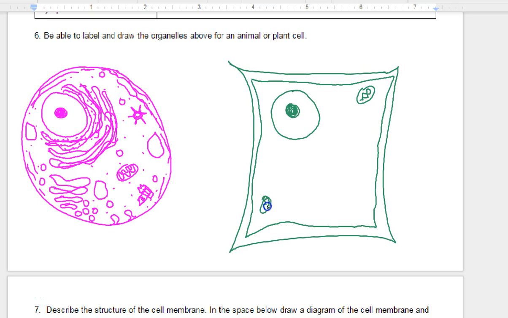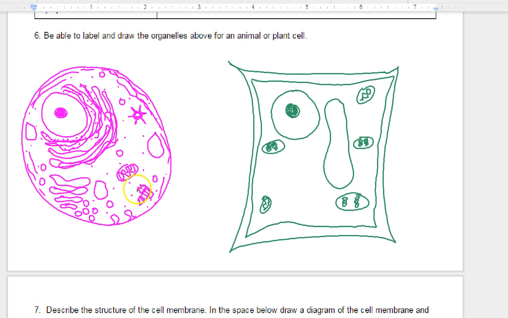Not as many mitochondria as an animal cell typically. Then we have our chloroplast, and these have little circles in them. That's how you know that they're chloroplast. These are what we're later going to find out to be called grana or granum inside there. So those are chloroplasts. Then we're going to have a real large vacuole.